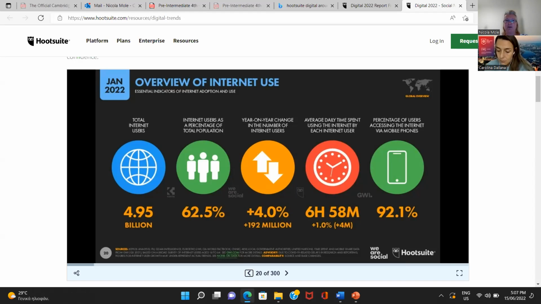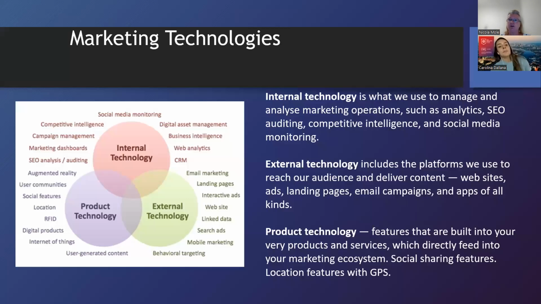So we need to consider marketing technologies. We've got 3 different categories of marketing technology that we talk about. We've got our internal technology, and that is what we use to manage and analyse our marketing operations, such as analytics, SEO auditing, and SEO auditing is our search engine operations, competitive intelligence, and social media monitoring.